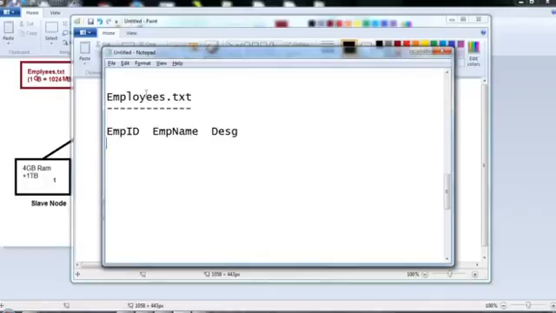This is employee ID, this is some name, designation is anything, TL, then 1002, then some developer, then 103, then let it be manager.